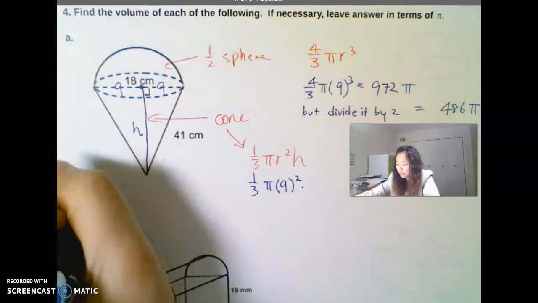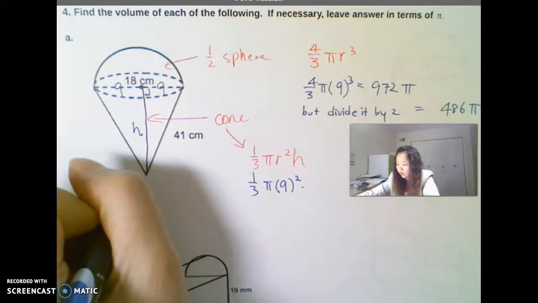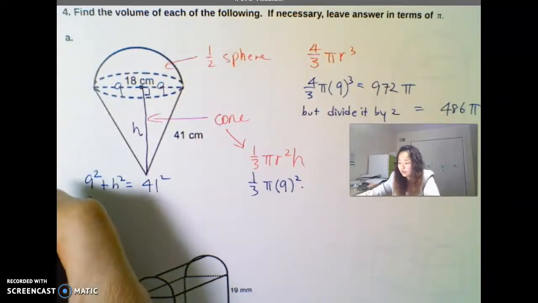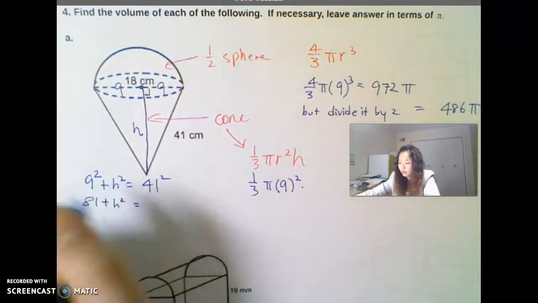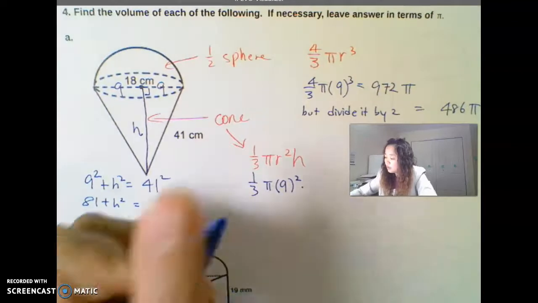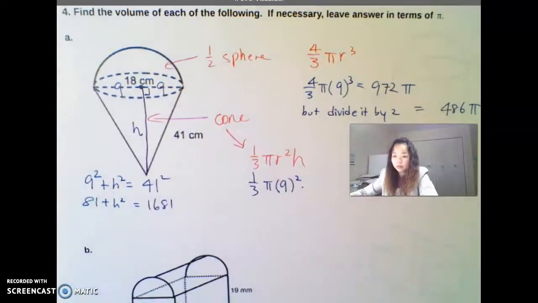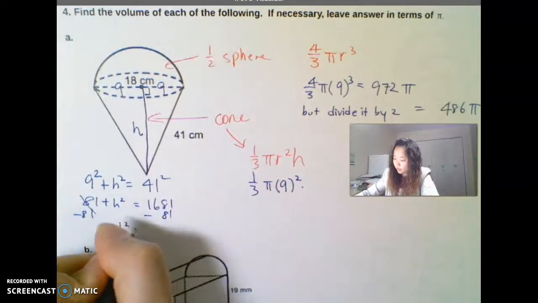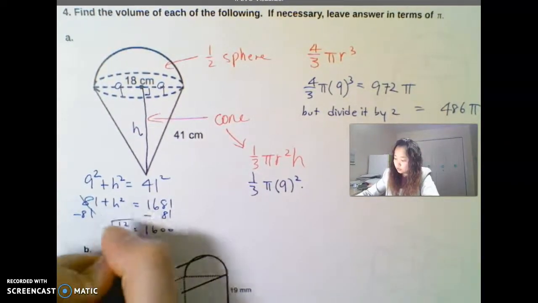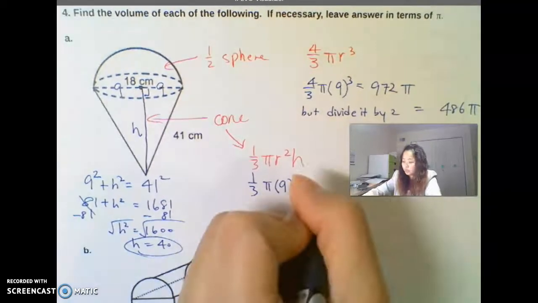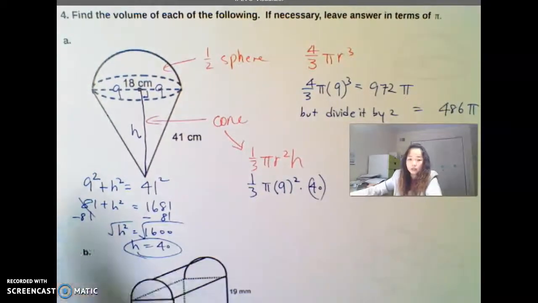So we have 9 squared plus h squared equals 41 squared, right? It's 81 plus h squared equals 1681. Subtract 81, h squared is 1600, taking the square root, height is 40. So then it's going to be 40 right here for h.